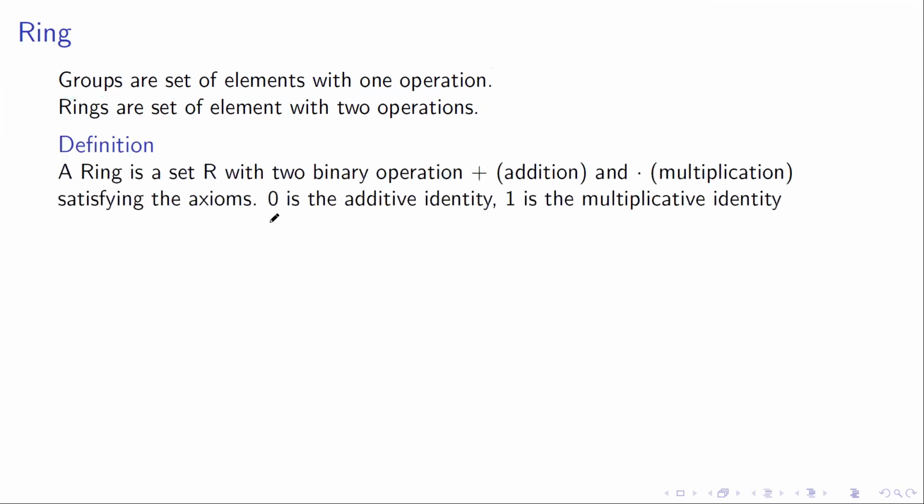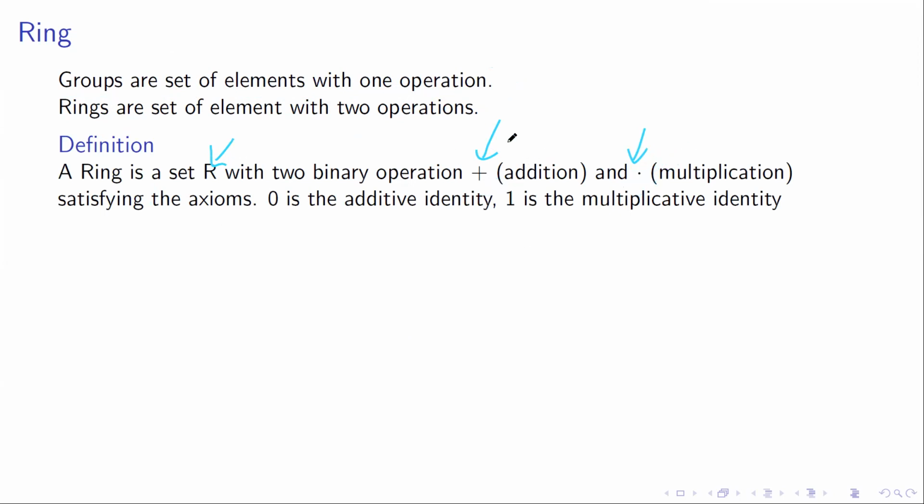Yeah, the definition. A ring is a set R with two binary operations, addition and multiplication. These two symbols can be anything. It can be a diamond, or some E or something.